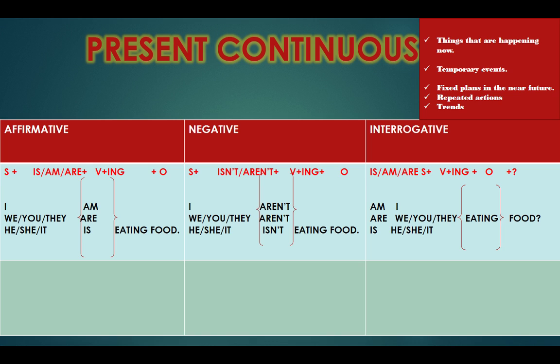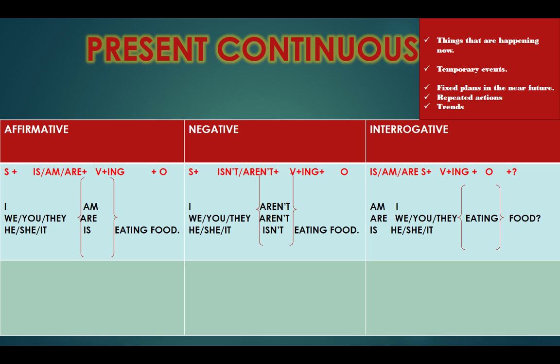So this is a repeated action. We use present continuous tense to describe this. If something is continuously happening again and again, over and over, you can use this tense to describe that action. I hope this one's clear.